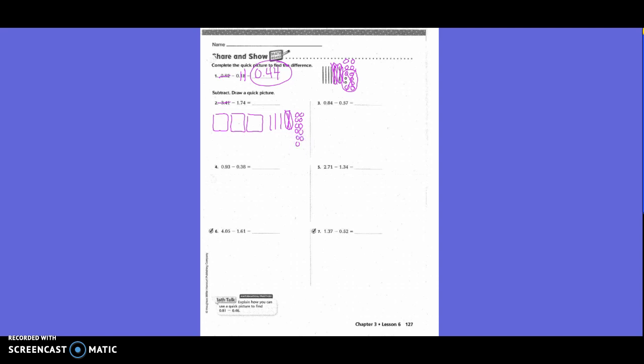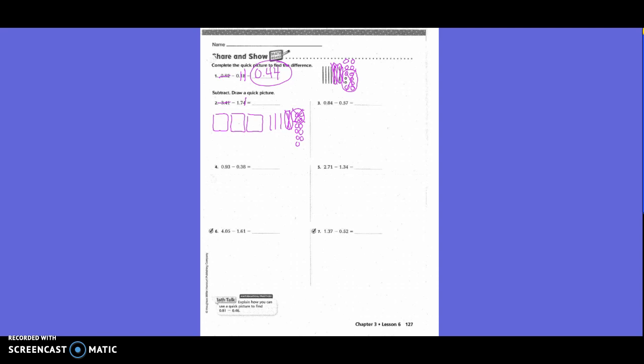So I should have a total of how many hundredths now? 11, right? Now, can I go ahead and take away 4 hundredths? Yes. So I would circle 4 and draw an X. So I took care of this 4, right? Now, can I take away 7 tenths?